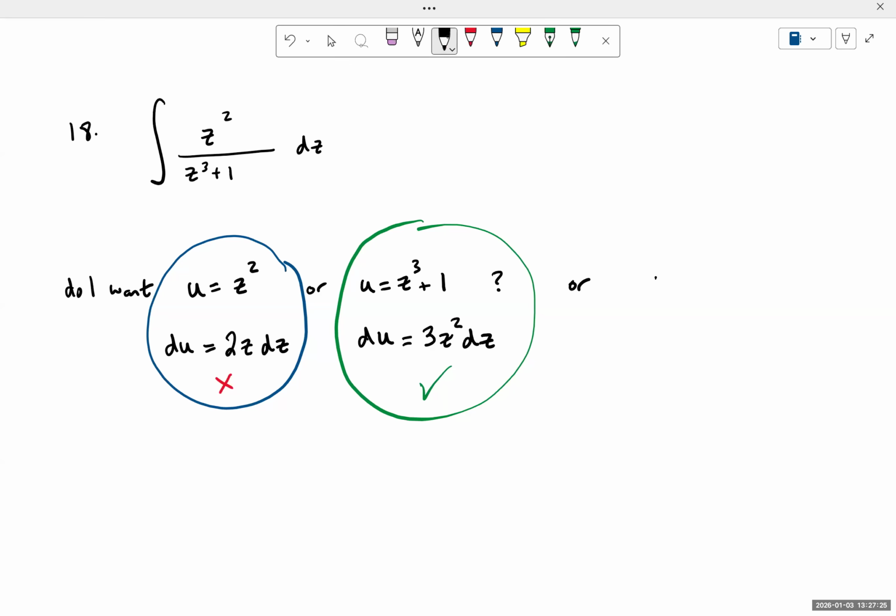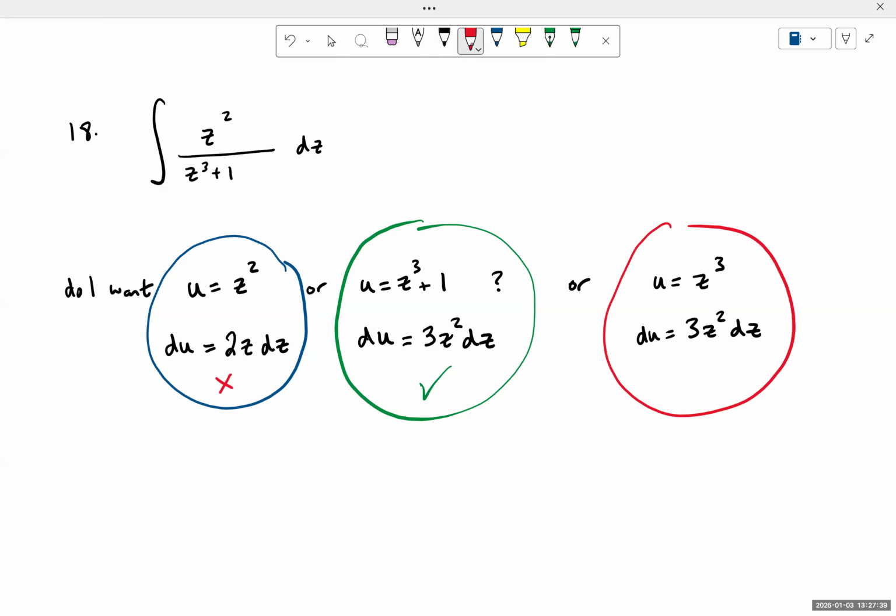Let's just explore that. We'll put that as red. So this seems like it might work too. Okay, but let's go with the green to start out with.